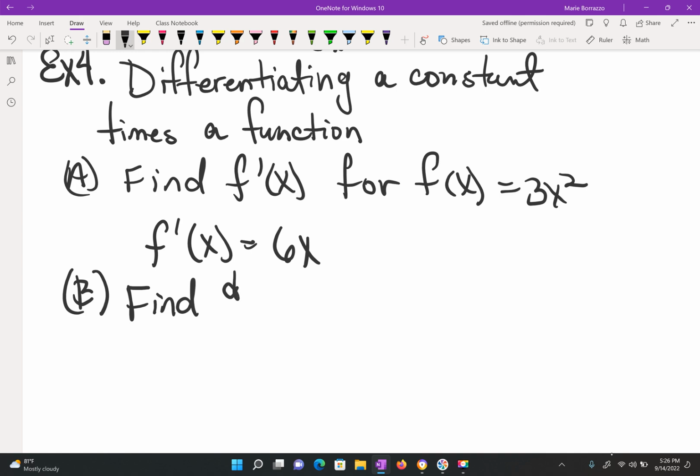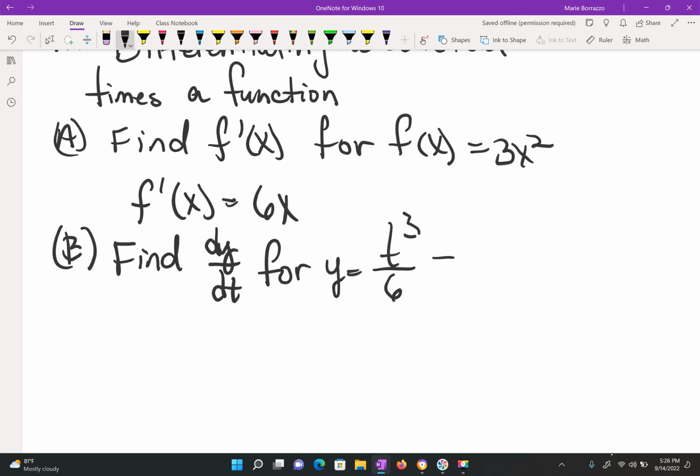They say find dy over dt for y is equal to t cubed over 6. Okay, so this is where that function comes in. The first thing we're going to do is separate the t cubed and the 1 over 6. Because in theory, this is 1 over 6 times t cubed. Now we take 1 over 6, which is our constant, and multiply it times 3t squared.